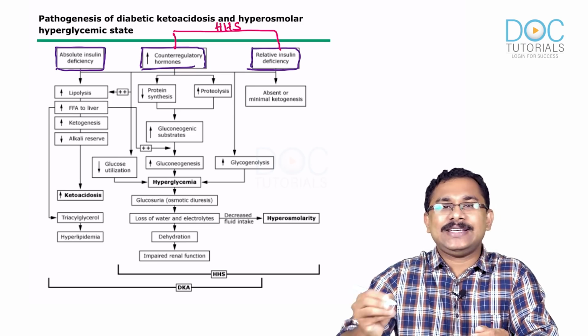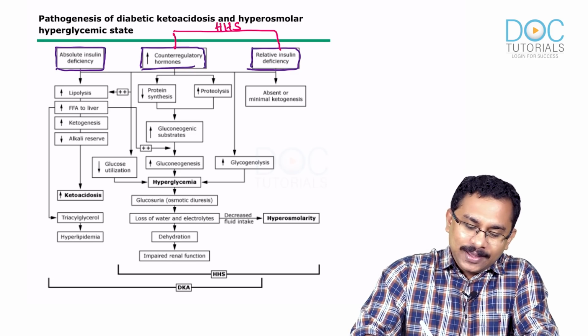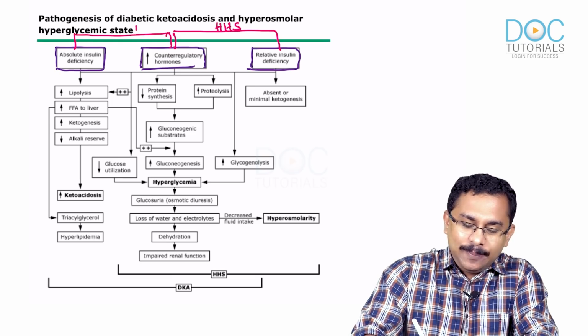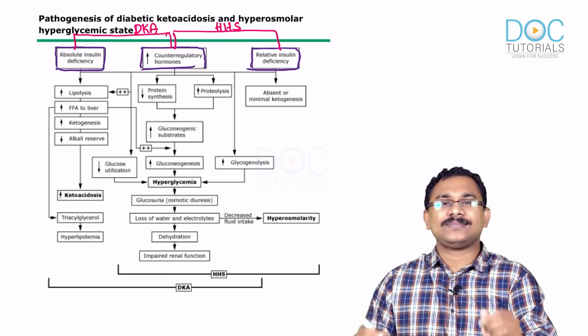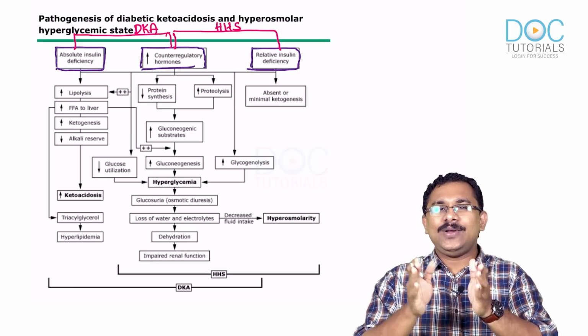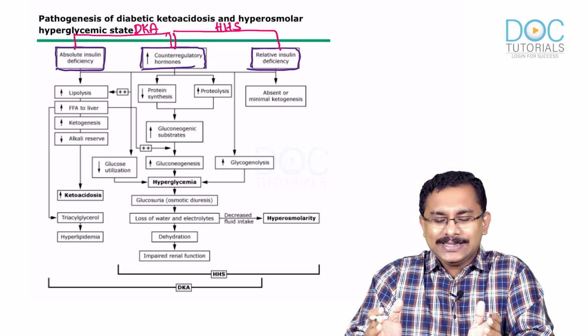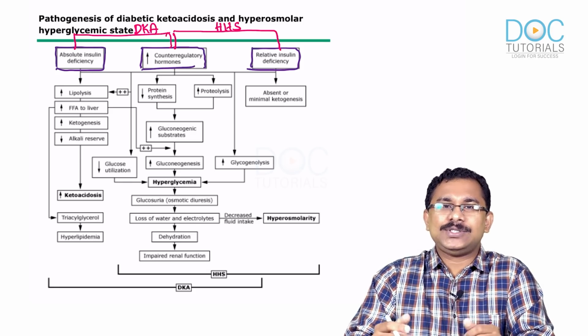Whereas in DKA, an absolute insulin deficiency as well as a counter regulatory hormone excess play a role, predominantly. The counter regulatory hormone excess actually occurs in both conditions. Now let us see why DKA develops.